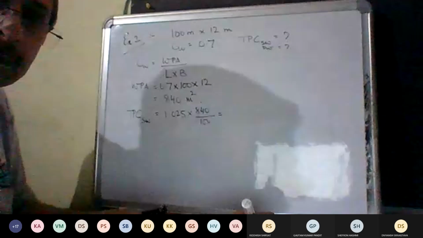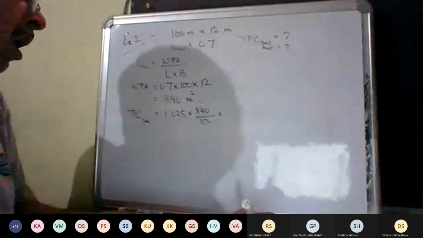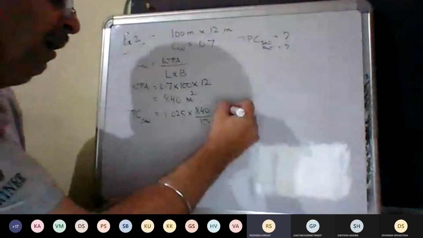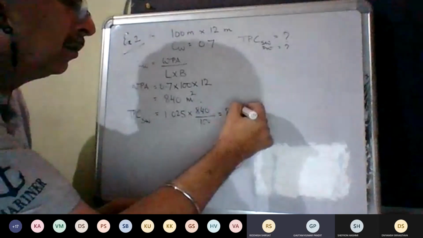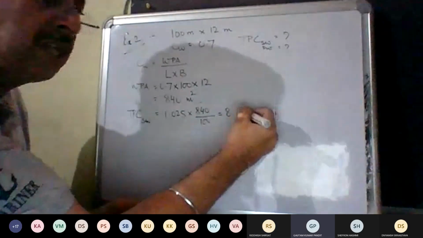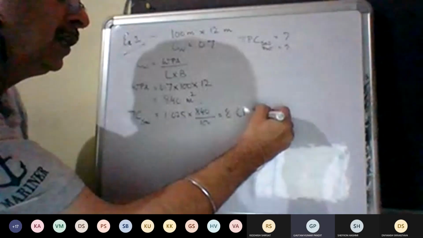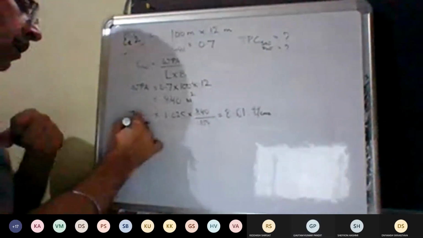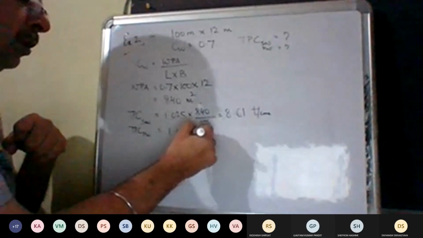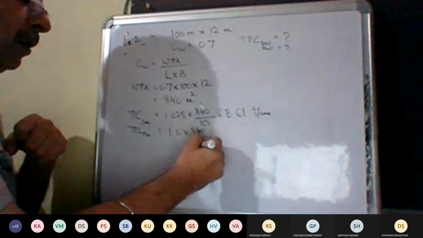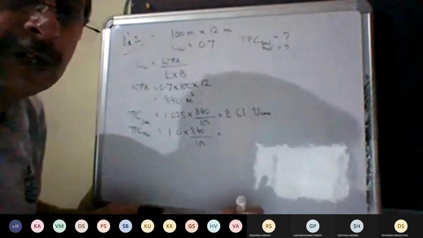How much is this? 8.61 tons per centimeter. Similarly, TPC fresh water will be density of fresh water into water plane area upon 100. So that will give you TPC fresh water.